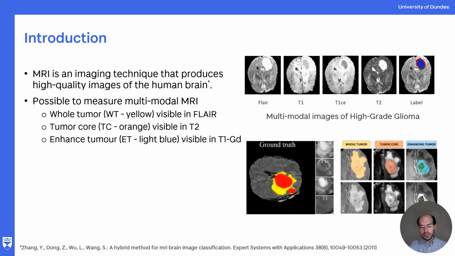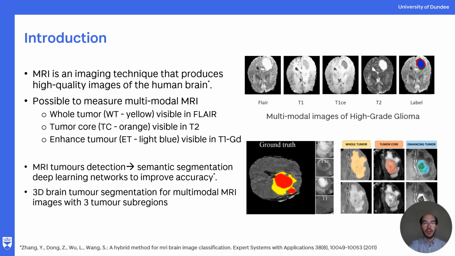So these multimodal images can be used essentially to perform a semantic segmentation, which means that we can generate a color label with each class separately for the whole tumor, tumor core, and enhancing tumor. This work will focus on the 3D brain tumor segmentation for these 3 tumor subregions using advanced deep learning network.